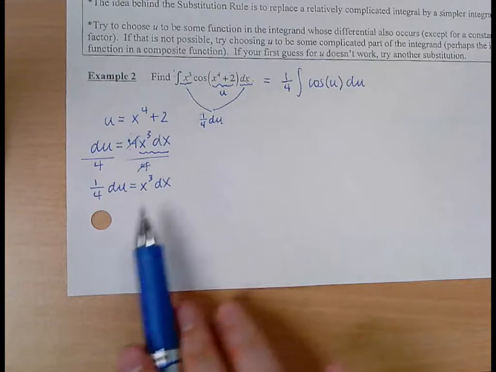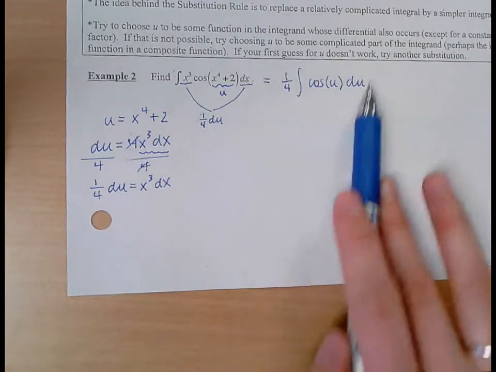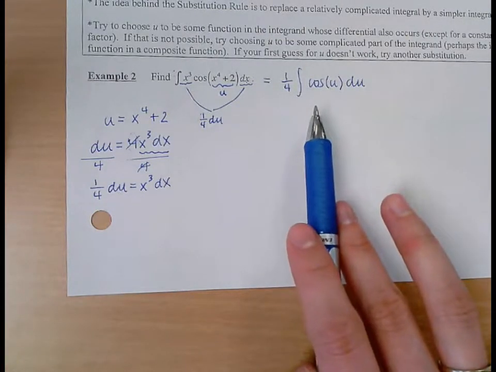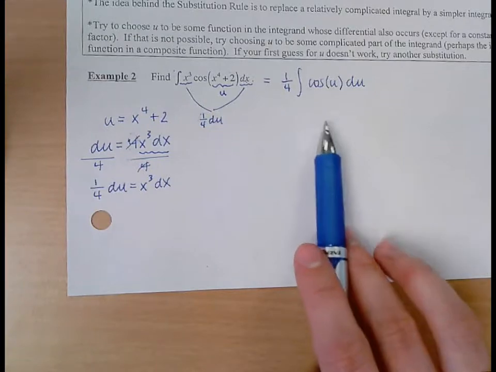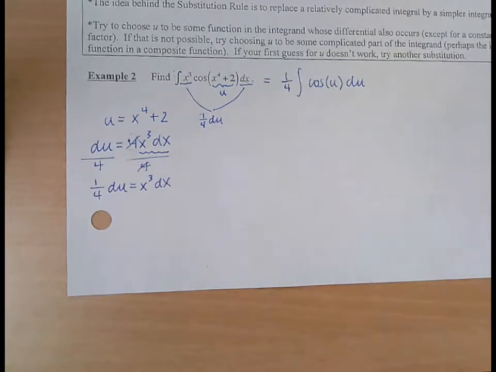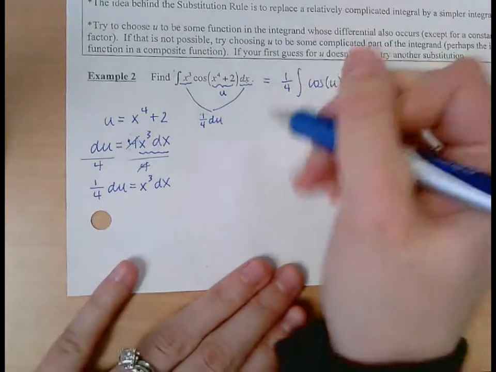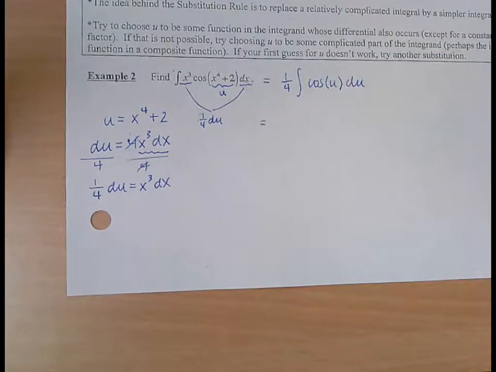Any questions on using the substitution, just getting to this integral? Okay. So for cosine of u, we know an antiderivative for cosine is what? Is it sine or negative sine? The antiderivative is just sine, because the derivative of sine is cosine.